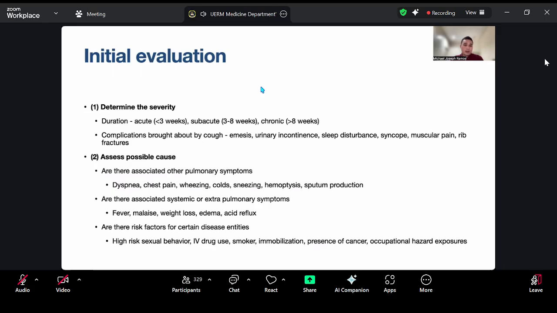Are there any other systemic extrapulmonary symptoms in your patients that point to other causes, such as malignancy, heart failure, renal failure, or gastroesophageal reflux disease? Are there risk factors that increase the risk of other diseases, such as AIDS, HIV, lung cancer, pulmonary embolism, or interstitial lung diseases?